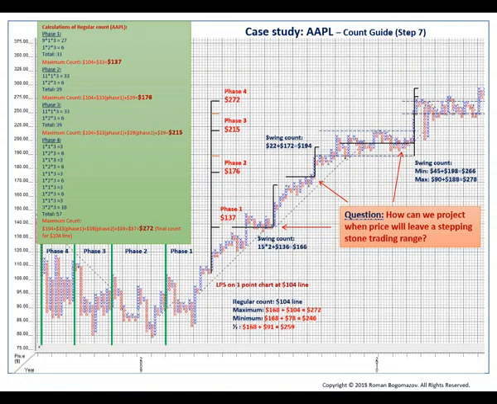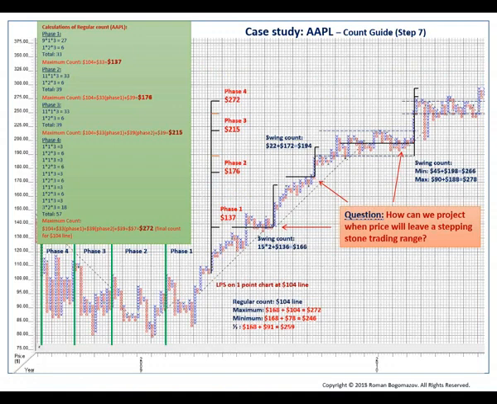So today we want to continue, and this is going to be probably a 15 to 20 minute segment. We'll talk about point and figure count as a timing tool that we can use during the stepping stone ranges.